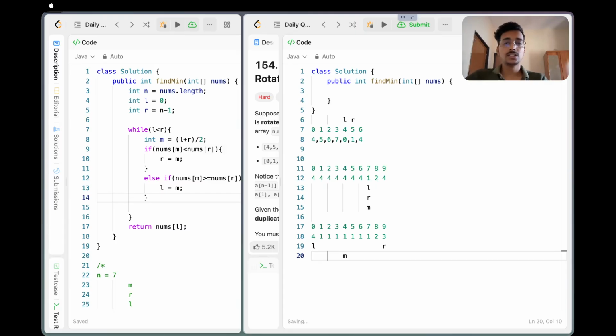Mid is 1. Okay, this is crazy. Mid is less than 5, right? Mid is less than r. That means this is not the desired range. The answer could lie from here to here, right?